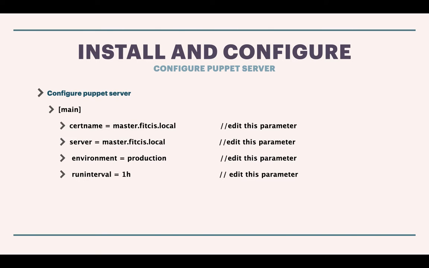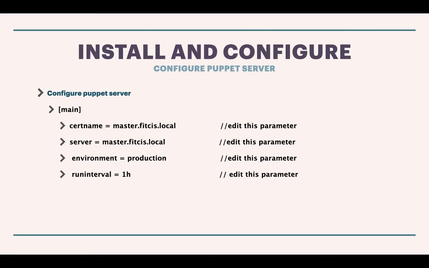Then, further down in that file under the main section, you need to specify the certificate name. In this case, the certificate name for the Puppet master, or the Puppet server, is master.fitsys.local. The server itself is master.fitsys.local.